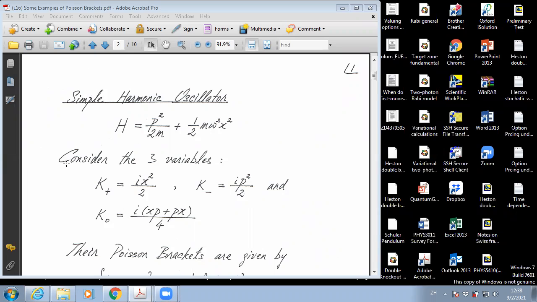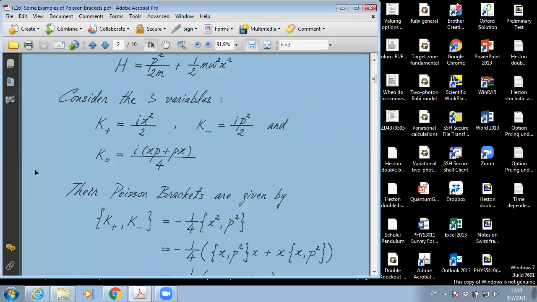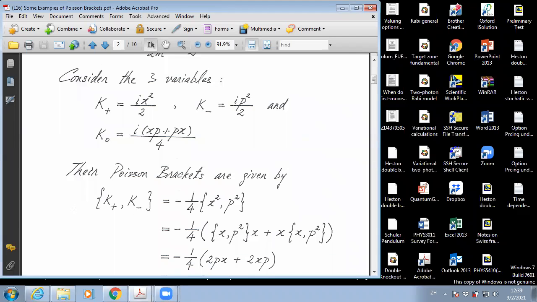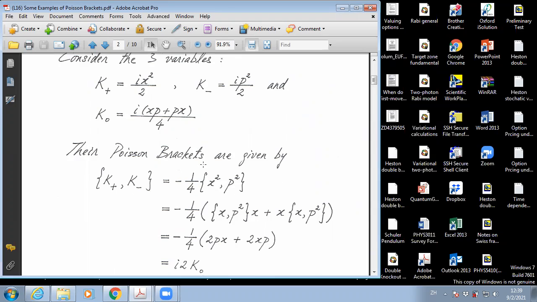Before doing that, let us consider three variables: first one, K plus, second one, K minus, the third one, K naught. Now we want to evaluate their Poisson brackets. First, the Poisson bracket between K plus and K minus. We substitute the definitions of K plus and K minus, factor out the constants, then we are left with the Poisson bracket between x squared and p squared.